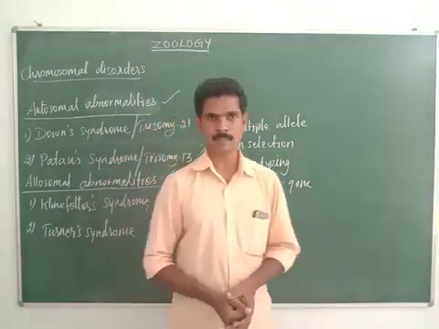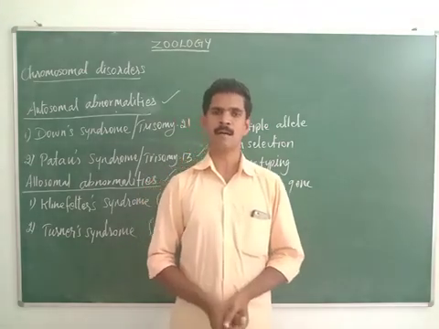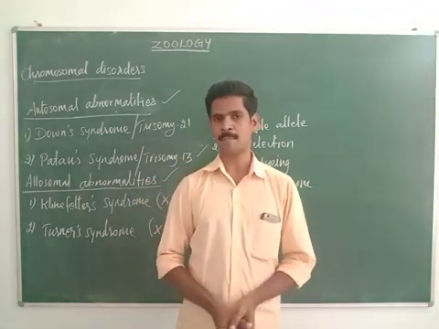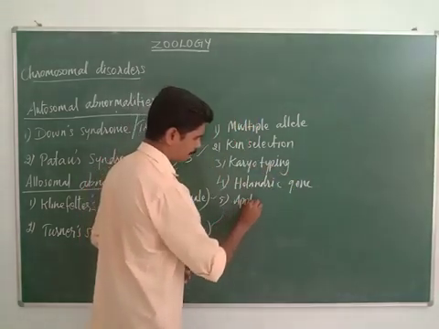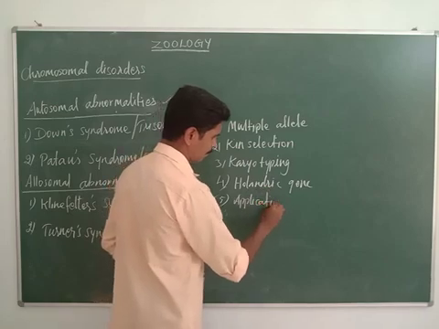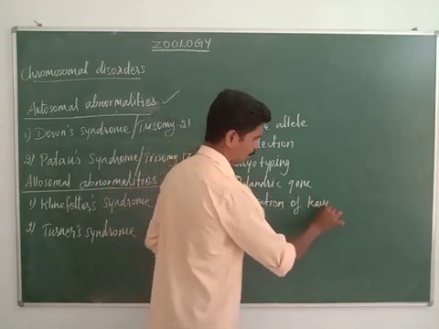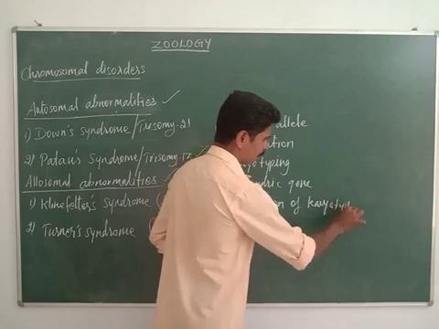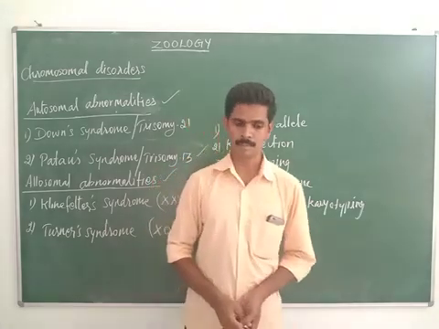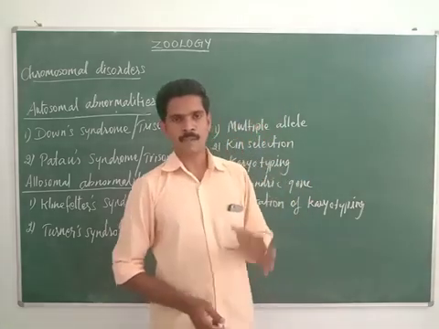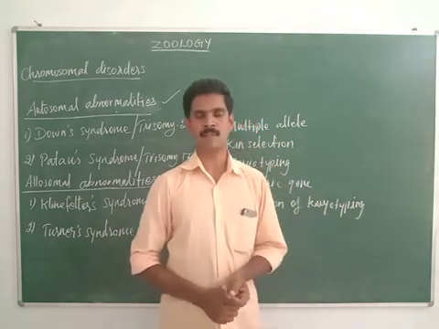The fifth 2-mark question is applications of karyotyping, or the uses of karyotyping. There are 5 uses or applications of karyotyping explained in your book.